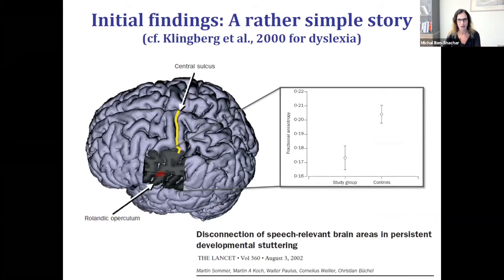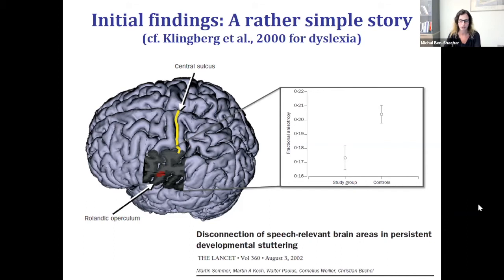We can talk more later about developmental aspects. So the initial finding with respect to persistent developmental stuttering in adults was a rather simple story.